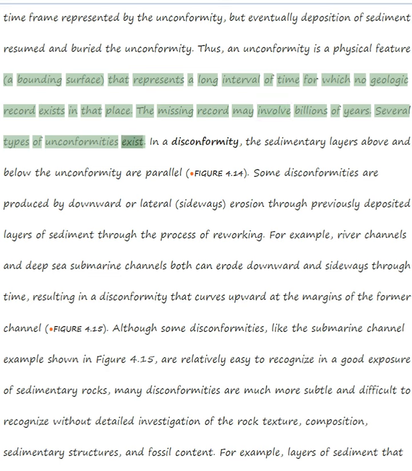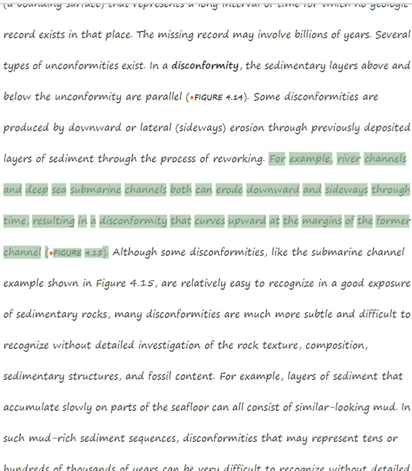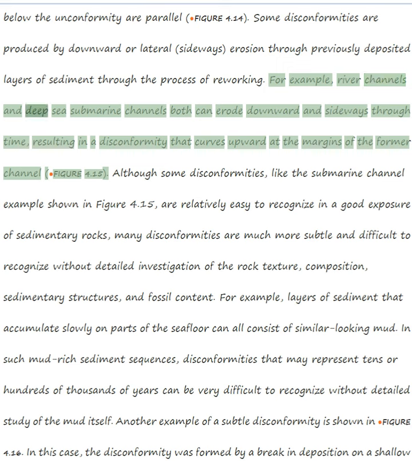In a disconformity, the sedimentary layers above and below the unconformity are parallel. Some disconformities are produced by downward or lateral erosion through previously deposited layers of sediment through the process of reworking. For example, river channels and deep-sea submarine channels both can erode downward and sideways through time, resulting in a disconformity that curves upward at the margins of the former channel.